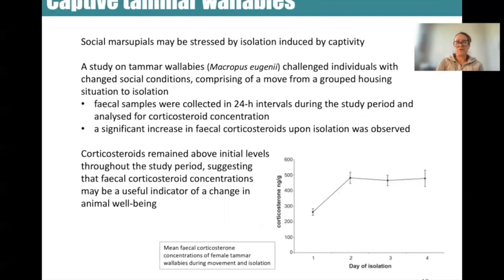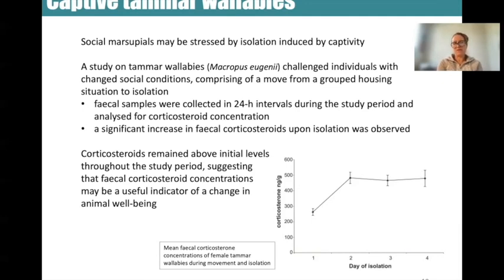The flip side of variation in social groupings is that social marsupials may be stressed by isolation induced by captivity. And a study on tammar wallabies challenged individuals with changed social conditions. So they moved from a grouped housing situation to isolation. The faeces was collected in 24-hour intervals during this study period and analysed for glucocorticoid concentration.